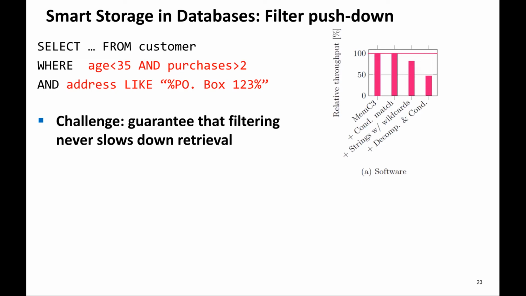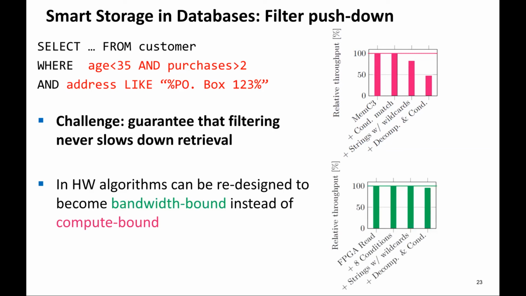There is a challenge, which is guaranteeing that filtering never slows down retrieval. Here on the right I'm showing a key value store where you're doing some pre-processing on each key. And what you need to see here is that as you add more and more operations, your relative throughput might go down because the CPU in the storage node will become compute bound.